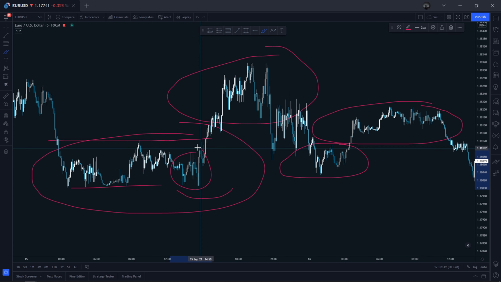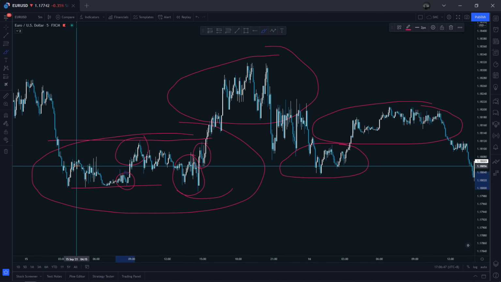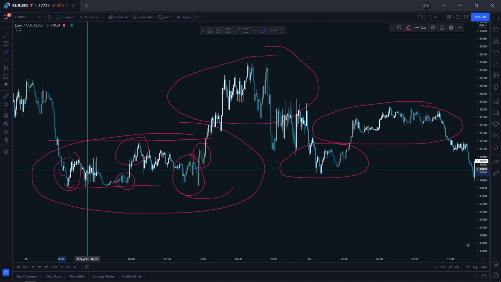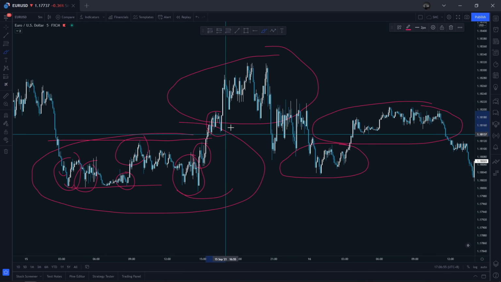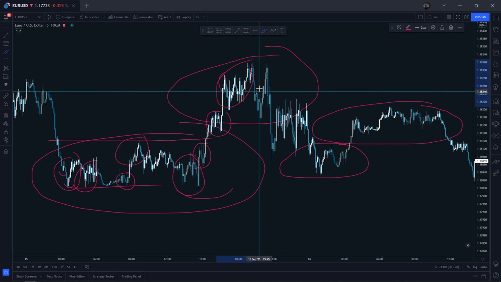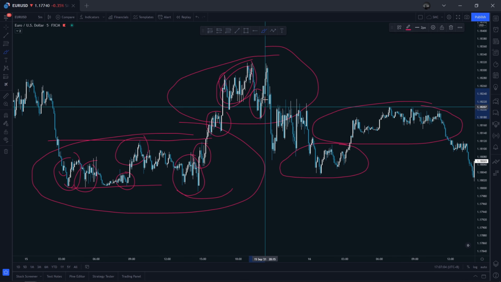So accumulation here, you see this tiny reaccumulation, distribution, accumulation, this is the spring, this is an SC, accumulation here, reaccumulation, distribution, accumulation, distribution, accumulation, distribution.